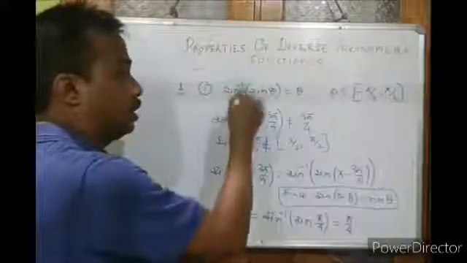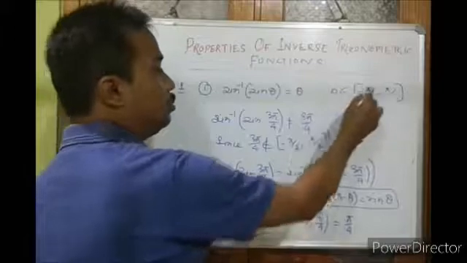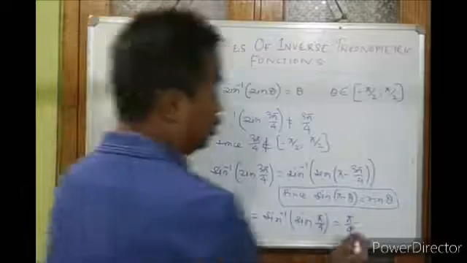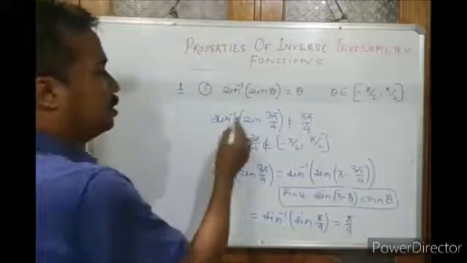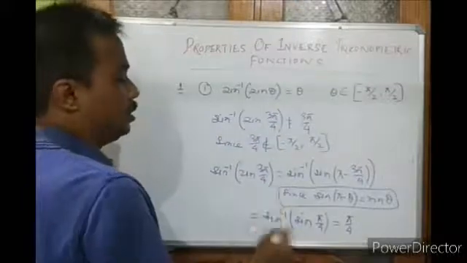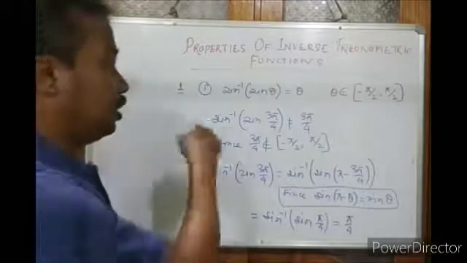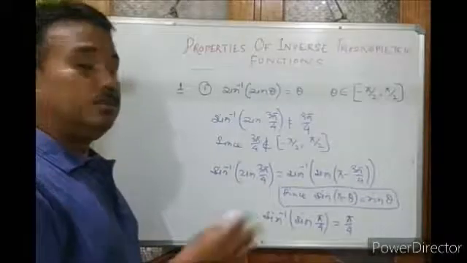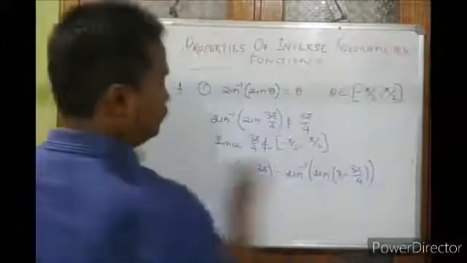Since pi by 4 belongs to minus pi by 2 to plus pi by 2, this is the answer. Sine inverse sine 3 pi by 4 is equal to pi by 4. So this is very important. In this way, for other trigonometric functions also, we can do the same. Now another type.